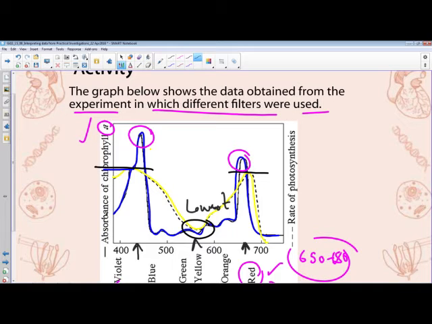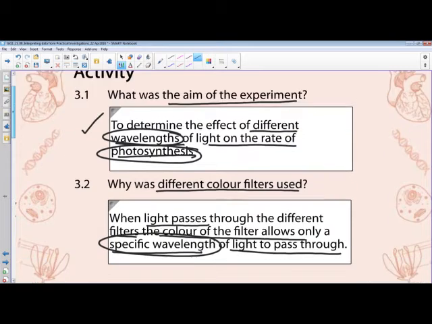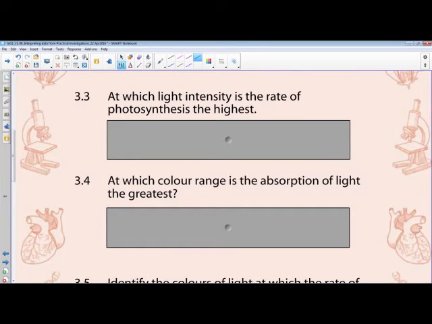If we go back to the yellow line, it's going to be here. So it's around 400, 450 there. So it should be between 420 nanometers. Let's go straight to the answer and see how accurate that extrapolation is. So it's between 420 nanometers where the rate of photosynthesis is the highest.